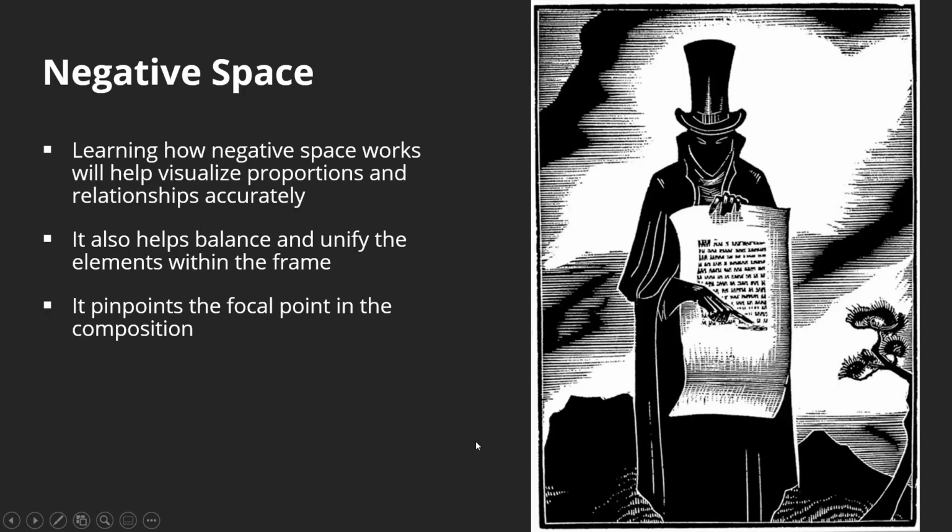Yeah. So like over here, see, which one is positive space? What is positive space? And what is negative space? The guy holding the paper is the positive space.